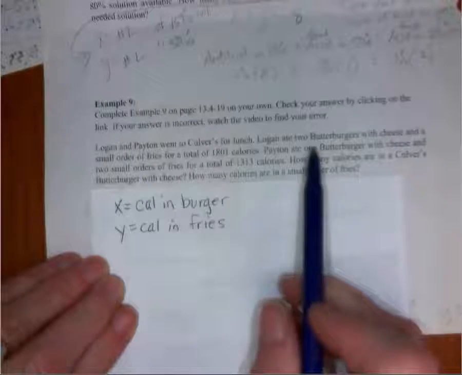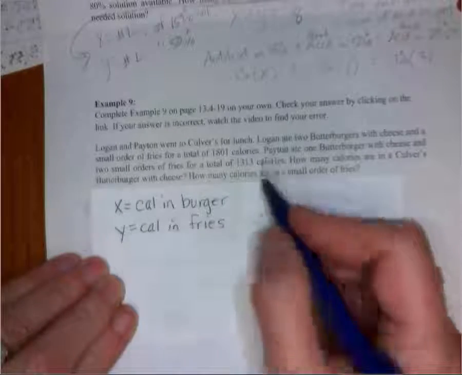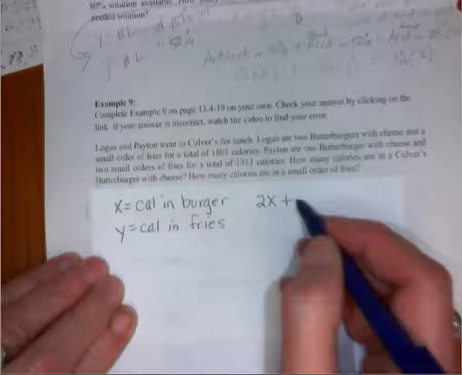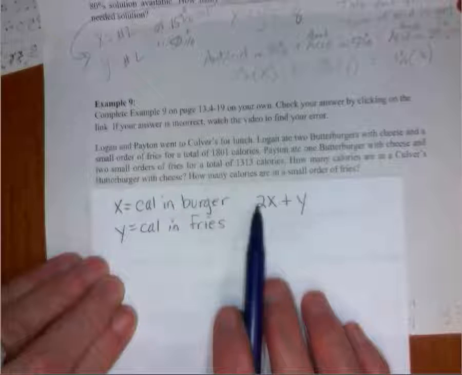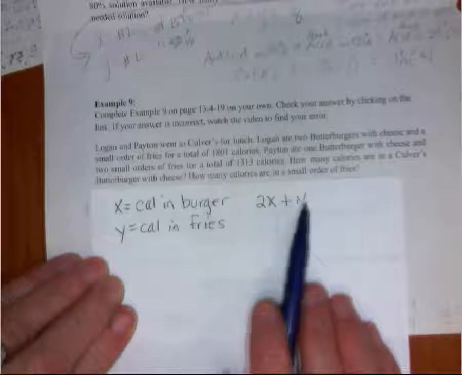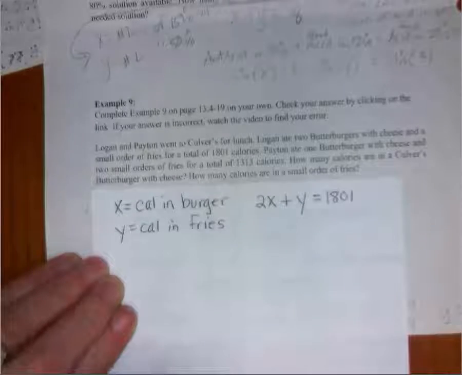So if Logan ate 2 butter burgers with cheese and 1 order of fries, you could represent it that way. He ate 2 of those, 1 order of fries, for a total of 1,801 calories.